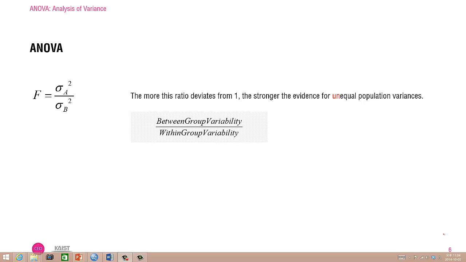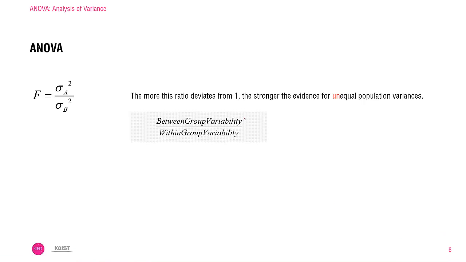So the ANOVA test is comparing two variabilities. We put the between group variability as numerator. We put the within group variability as denominator. When this ratio more deviates from 1, in other words, is bigger than 1, the stronger the evidence for unequal population means.